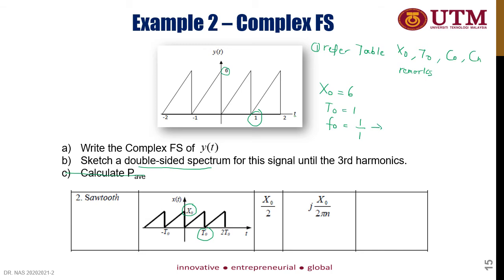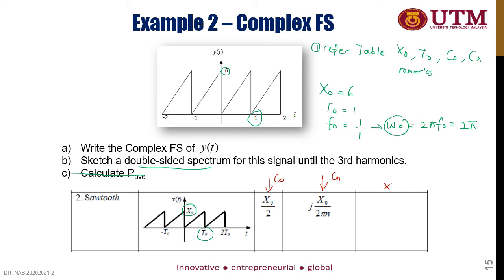Okay, so then your omega naught equal to 2 pi f naught, which is 2 pi. So this is your omega naught. What else? You have the C naught, this is your C naught, and this is your Cn. And no remarks. Okay, no remarks.